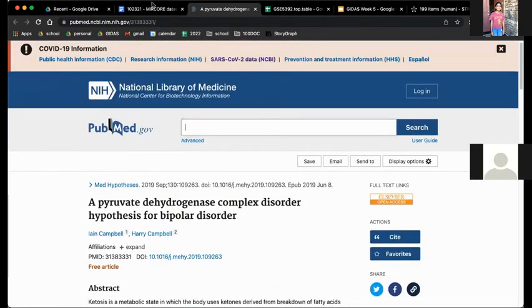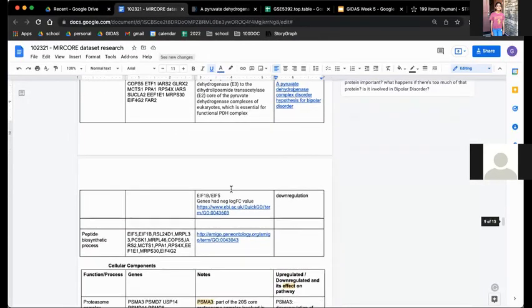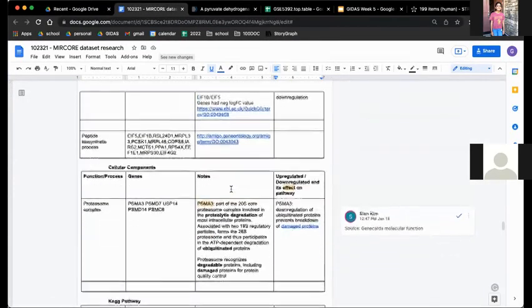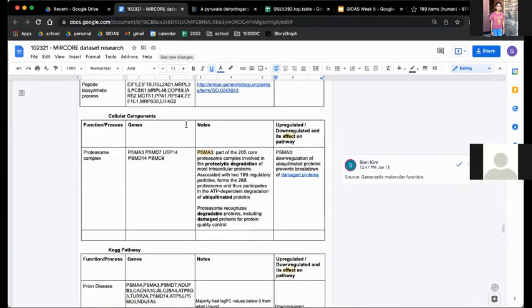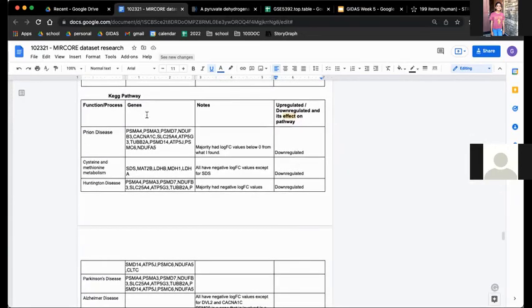And then our group also did further research on cellular components and the KEGG pathways, like prion disease, since most of the genes that were affecting bipolar disorder were also downregulated compared to those in prion disease.